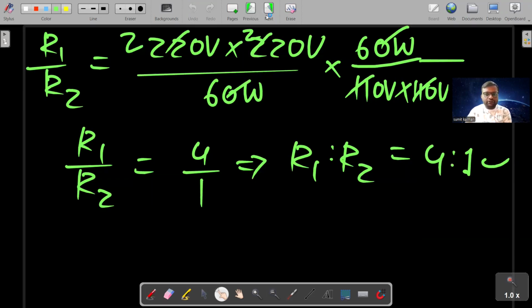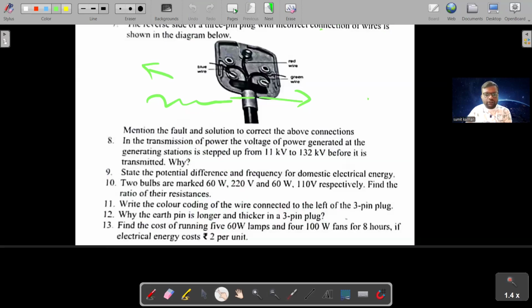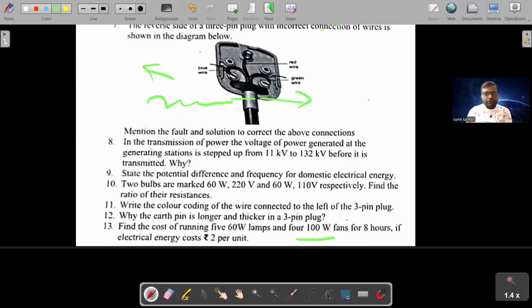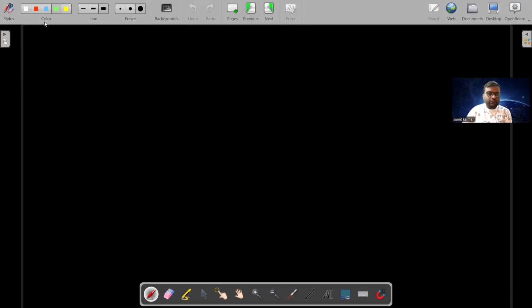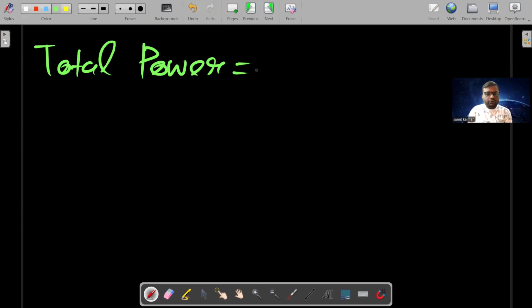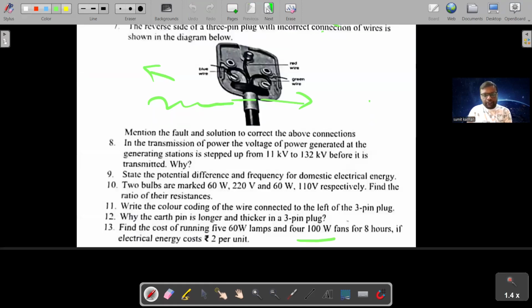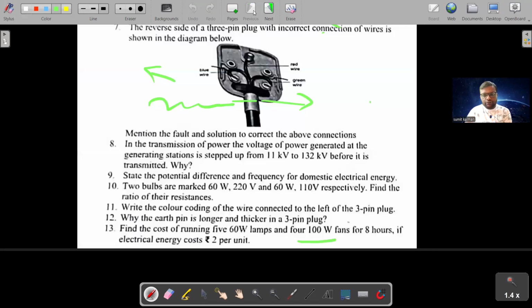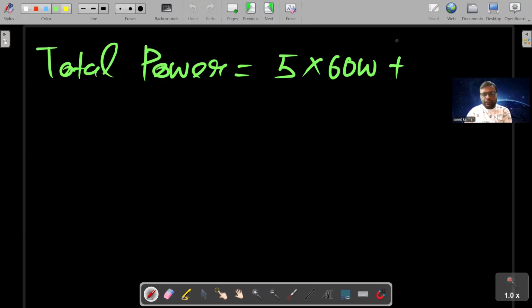So students, here there are 5 lamps of 60 watt and 4 fans of 100 watt. So the total power will become 5 into 60 watt plus 4 into 100.